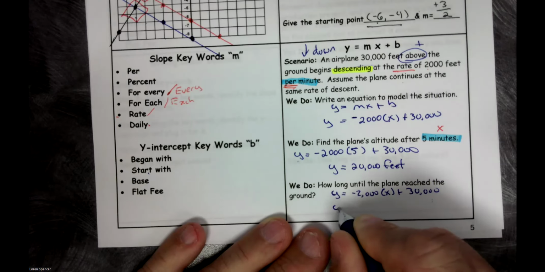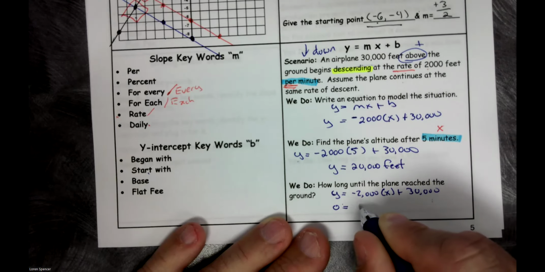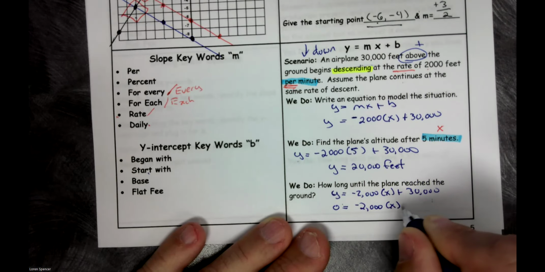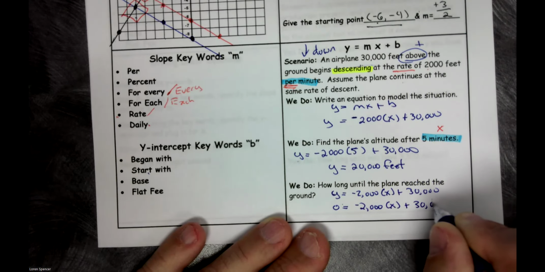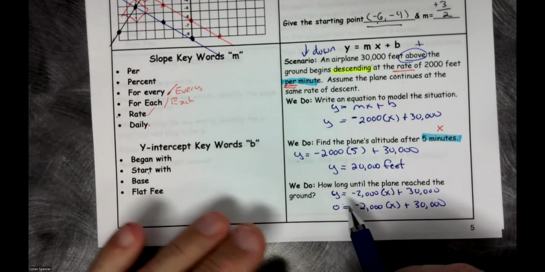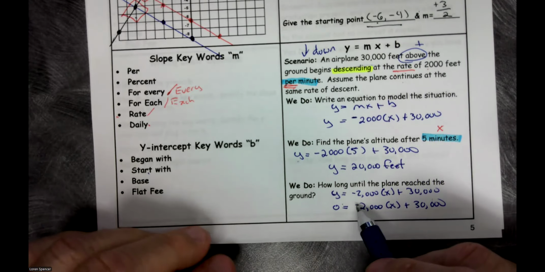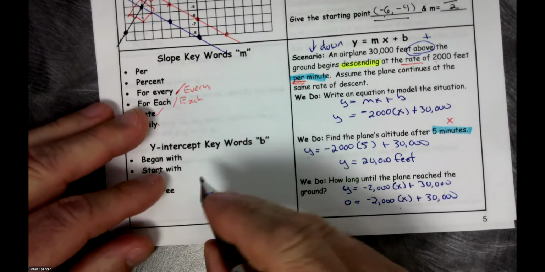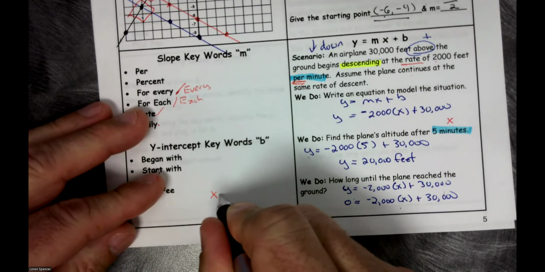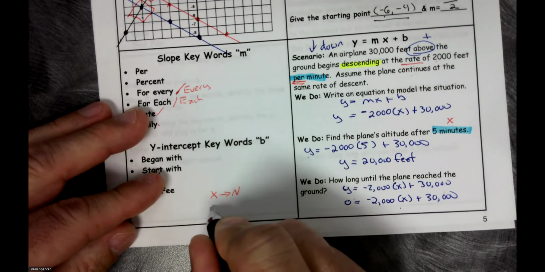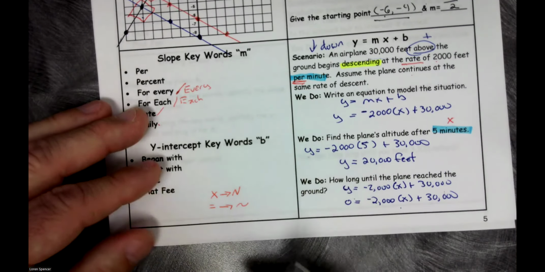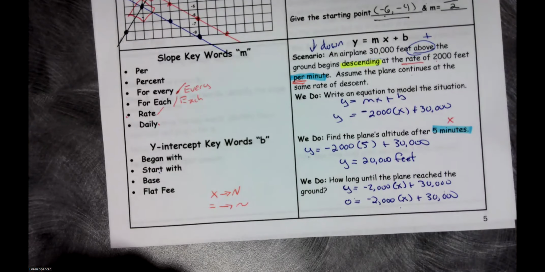Well, we're going to plug in 0 right here because we want to be at 0 feet. And now we're looking for the x. All right, we're going to switch over to Desmos real quickly, but before we do that, remember, we're going to have to do some swapping out. We're going to have to change the x to an n, and the equal sign we're going to have to change to a squiggle to do that.